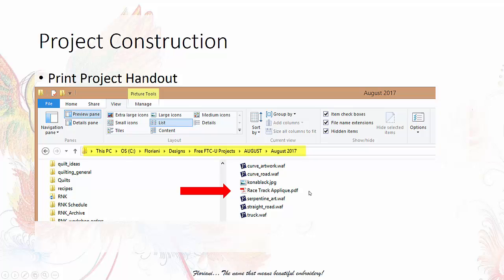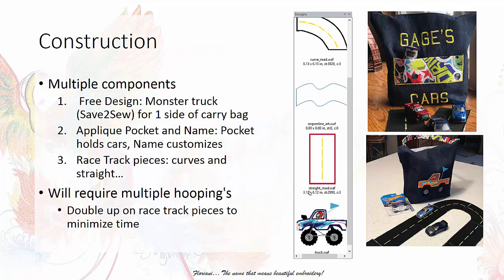Look for the PDF file, and it's titled Racetrack Applique. Open that up, print it off, and you're going to have your directions on how to navigate through this project. It's going to give you your materials. It's going to give you those step-by-step hints and tips and tricks and concepts for working through the project.